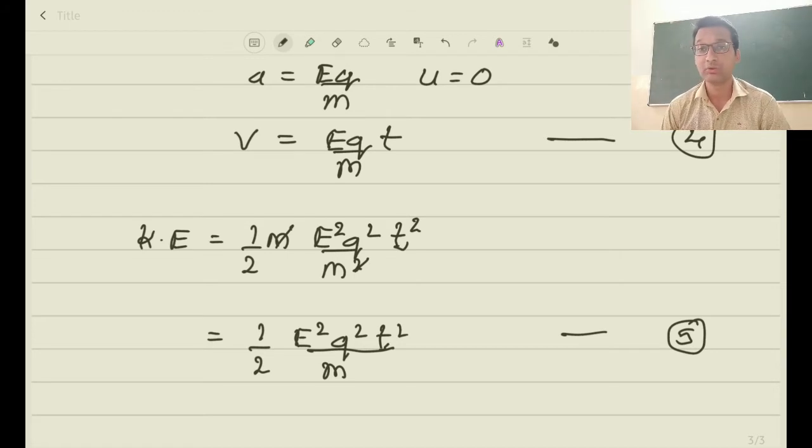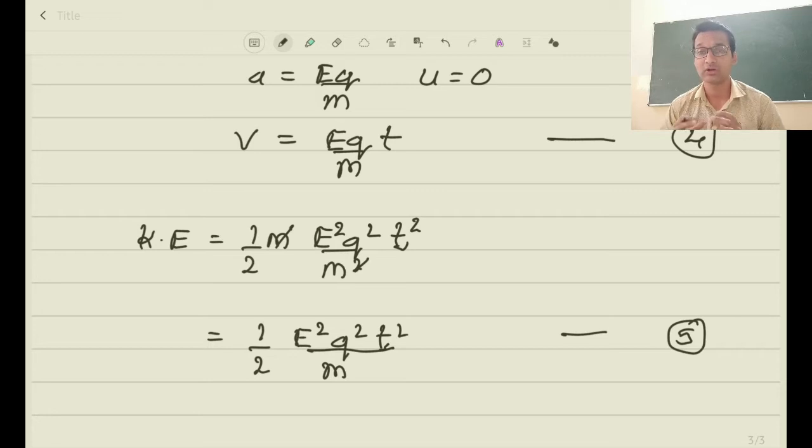That is because we will be knowing the electric field, we will be knowing the charge of the particle, we will be knowing how much time the charged particle has spent in that electric field. This is easy to find, and we will also be knowing the mass of the charged particle which is entering that uniform electric field.